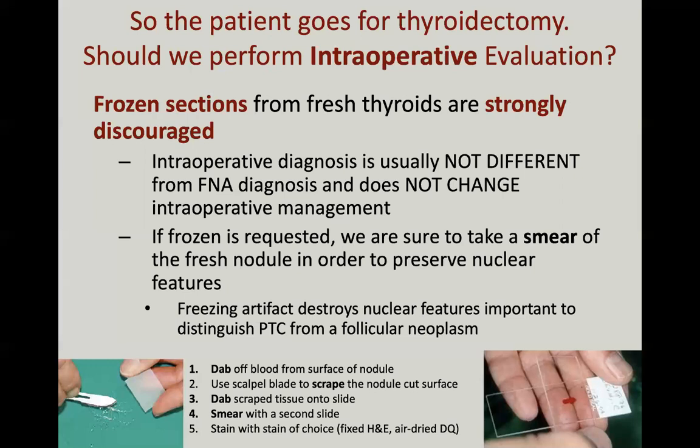And by taking a smear or a touch prep, I don't just mean cutting the nodule open and blopping it on a slide, and all you see is like blood and colloid. What I mean, and I'm happy to show this with you in the gross room together, is opening up the nodule, blotting it off to remove the colloid and the blood and the water or whatever, and actually taking a scalpel blade and scraping the surface of it, blopping that scrape on the slide, and then smearing it as if you were actually in an FNA.